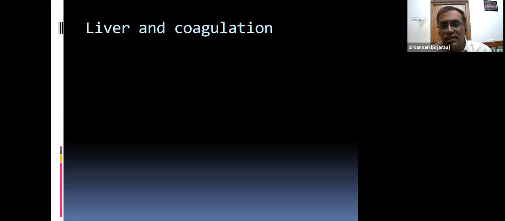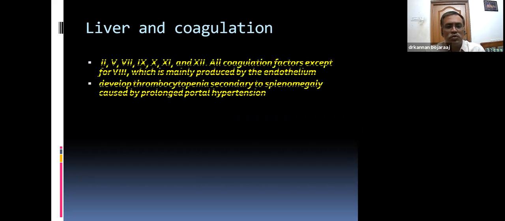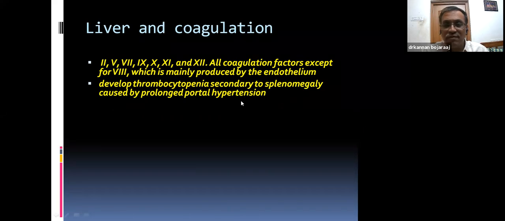And the liver and coagulation, this is the most important aspect that everyone has to understand. Why is the liver so much involved in coagulation? Almost all the factors except factor 8 are produced by the liver, and factor 8 is produced by the endothelium. So almost all the factors. And next, vitamin K is the most important vitamin that is absorbed and is definitely needed.